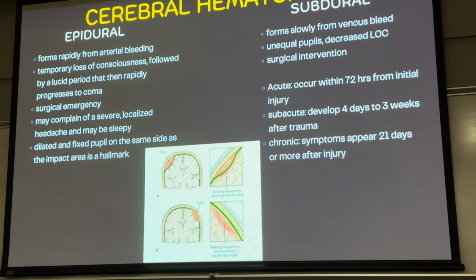Your subdural side is going to be a venous bleed. This is usually a very slow-moving, progressive type of bleed. You can break it down even further into acute, subacute, and chronic, depending on when your symptoms present. Within 72 hours of the initial injury is your acute phase.